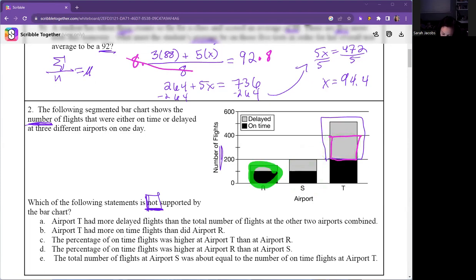Airport R is certainly more than 100, and it's on its way to 200. So right here, that looks like maybe it's right around 100. Airport R is going to exceed, and that's a little tall, but it's going to exceed this by a little bit, I think.